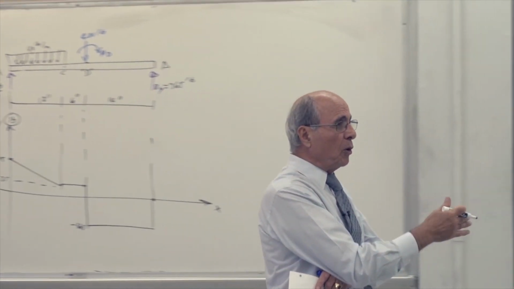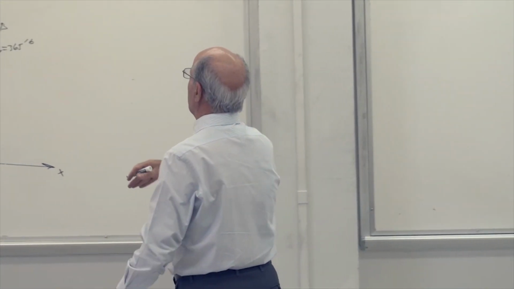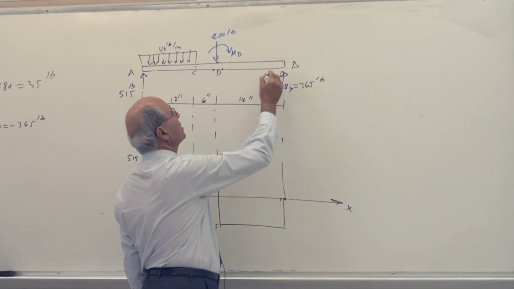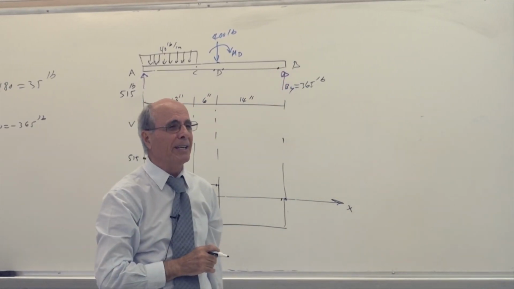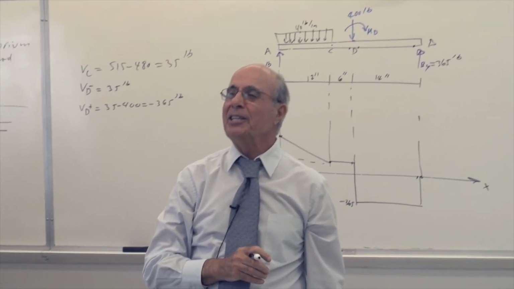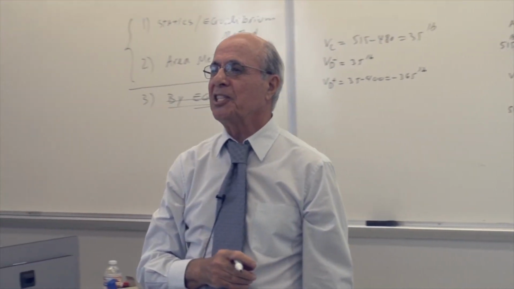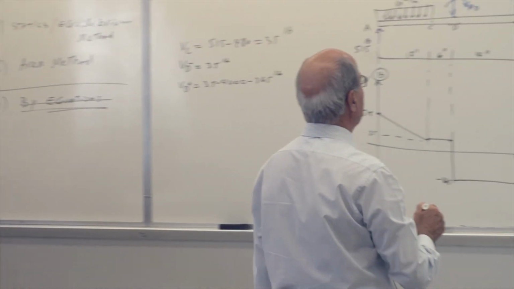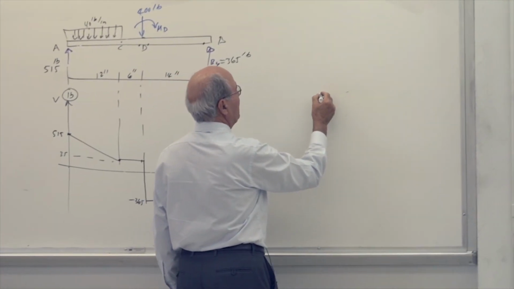So after you go past the beam, the shear is 0, but an epsilon before B, or B minus, which is a good grade anyhow, B minus is minus 365. Everybody understand that?